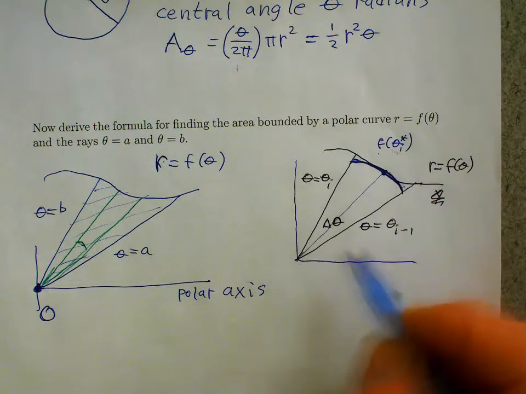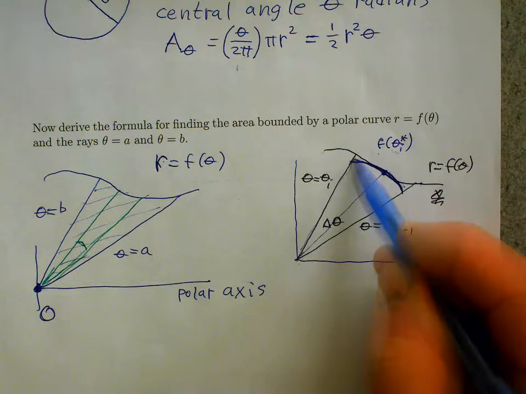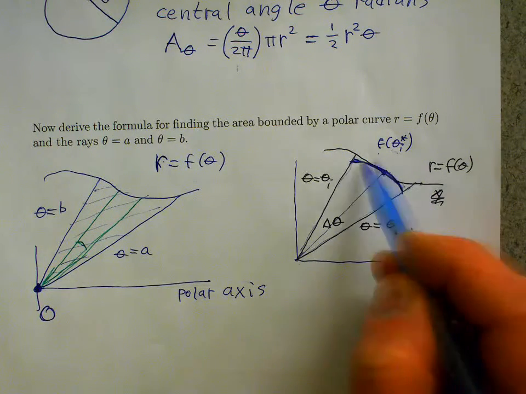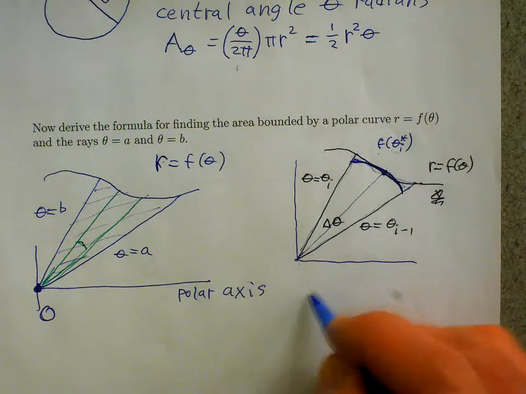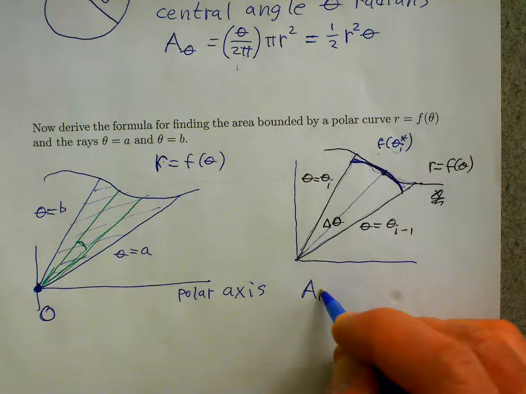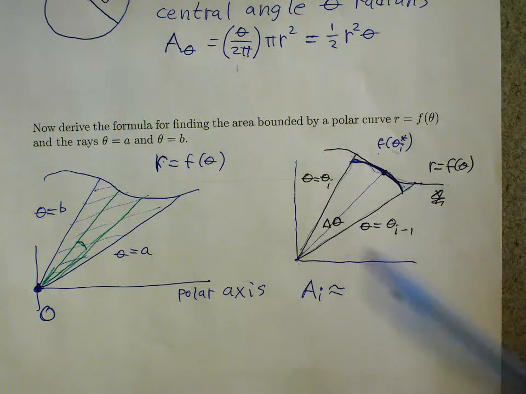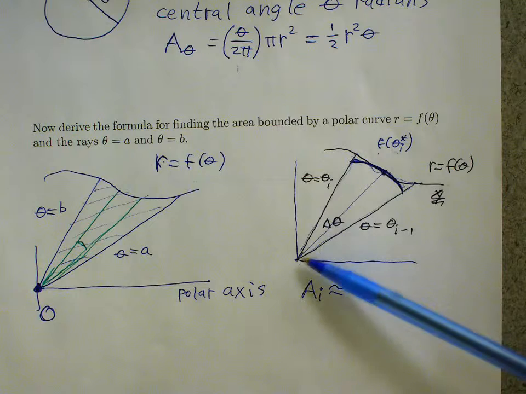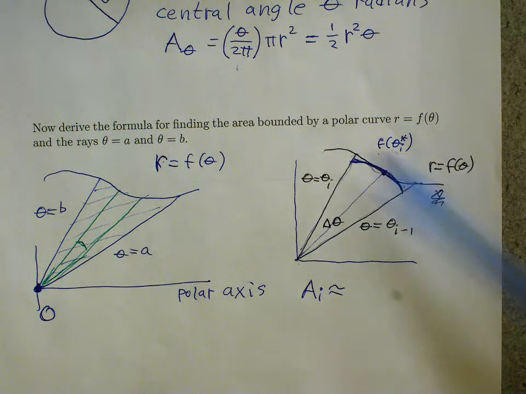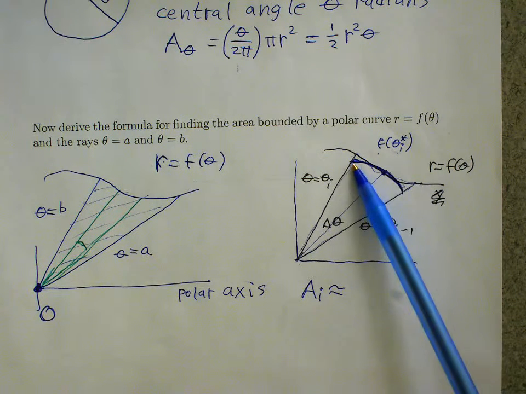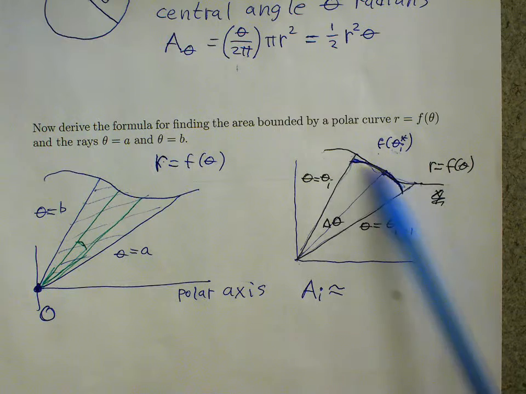And if we refer to the area of that region as A sub i, then we can approximate that region of the polar curve using the area of the sector of the circle.